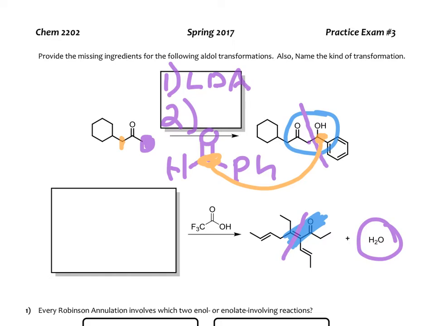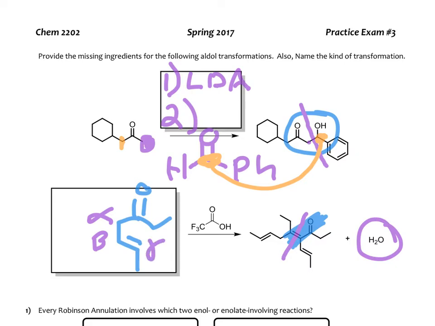When you do the retrosynthesis here, this is going to be just a dimerization of this unsaturated ketone. This unsaturated ketone is not alpha beta unsaturated. This is the alpha position, this is beta, and this is gamma.